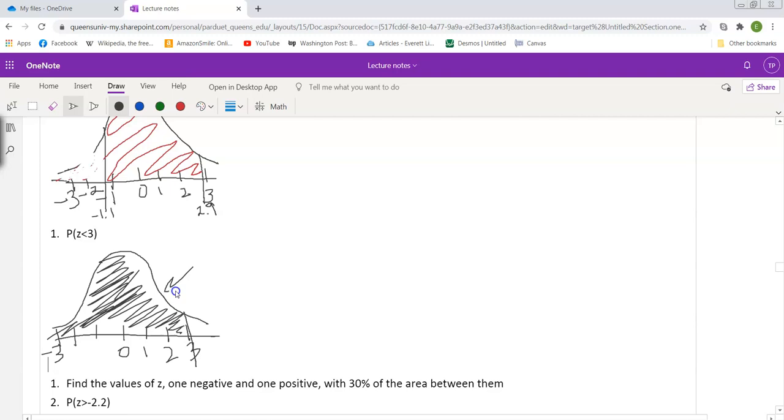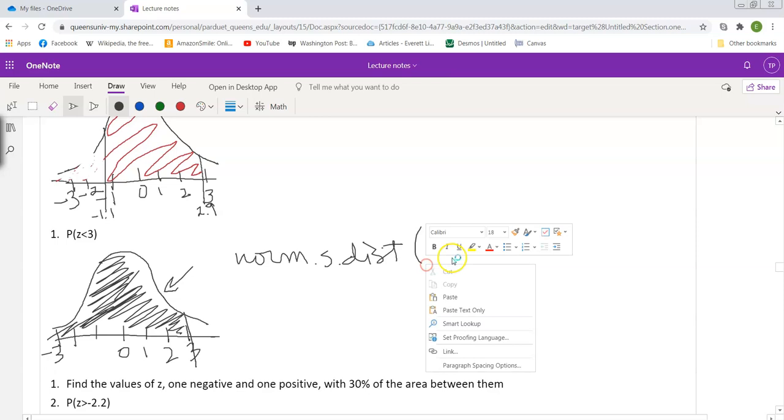So we're looking for that area there, which is going to be NORM.S.DIST of 3, because this is already to the left. They're already saying, to the left, so we don't have to do any kind of tweaking or anything.